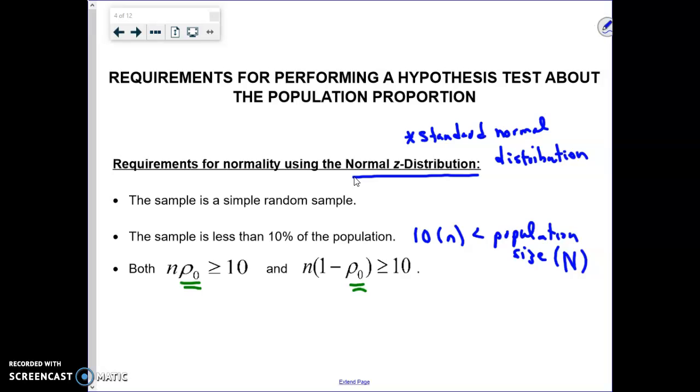So, in other words, when you set up your null hypothesis, we're going to assume that it's equal to some value between 0 and 1, like let's say 0.40, okay? Well, if we're assuming that to be true, that's what we're going to use in setting up our null hypothesis, and also when we calculate our test statistic.